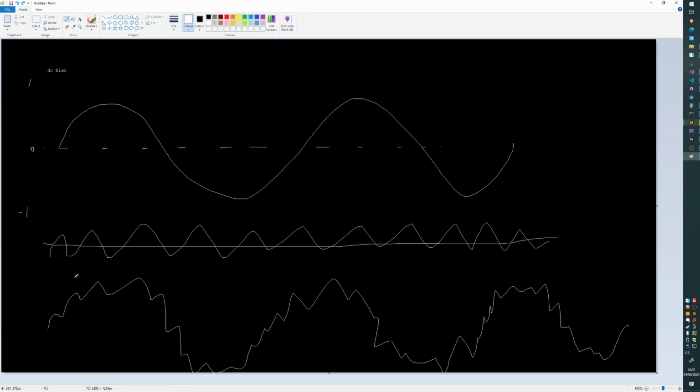But if you apply a high pass to this, then what you're cancelling out is this low frequency signal, and so you should end up back to something like that.